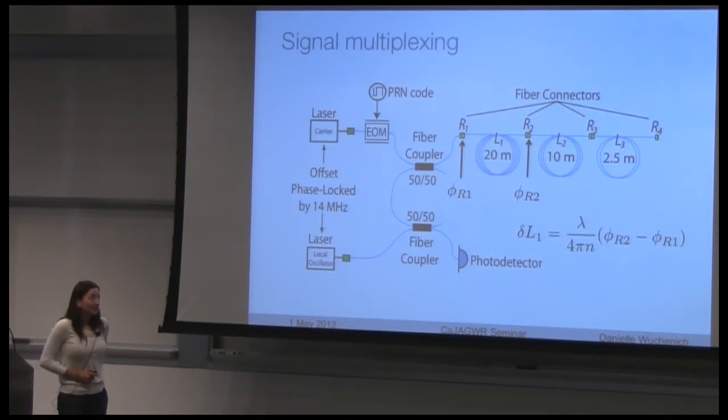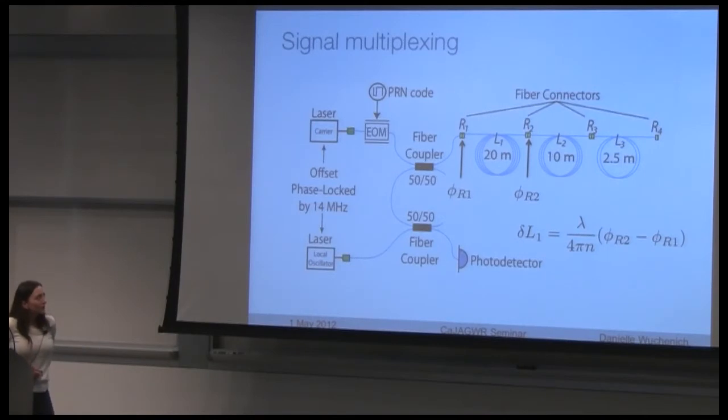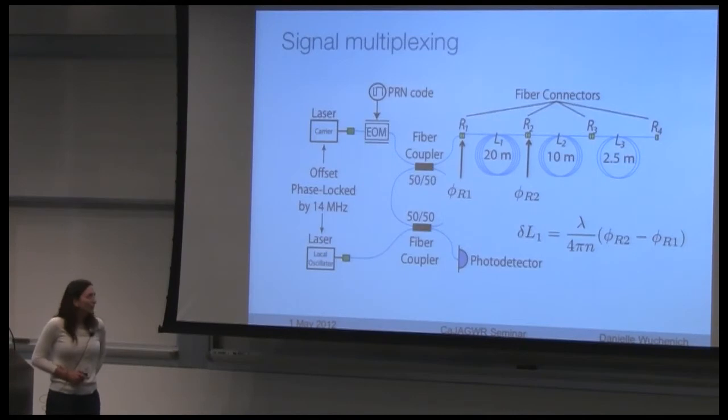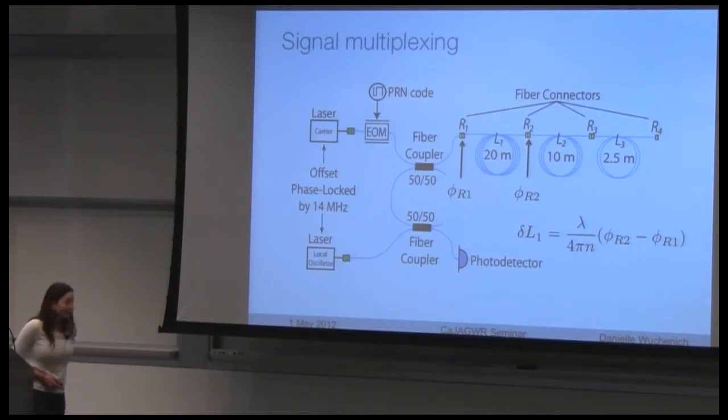So this tells you the displacement noise, I guess, in L1. And so you only need one modulator and one photodetector. All of the rest of it stays the same, but you can now recover multiple interferometric signals just by using one detector. So that in itself, the signal multiplexing is really great.